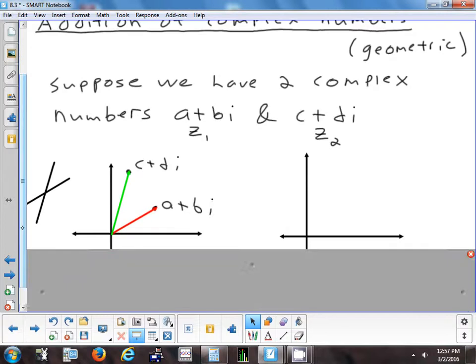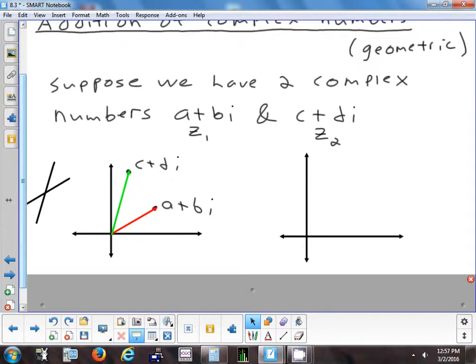To add these up geometrically, all you do is basically take your two vectors. It doesn't matter the order you do this in, but put one starting from the origin. Connect the other one, but make sure you connect the end of one to the beginning of the other. And then this is your final answer.